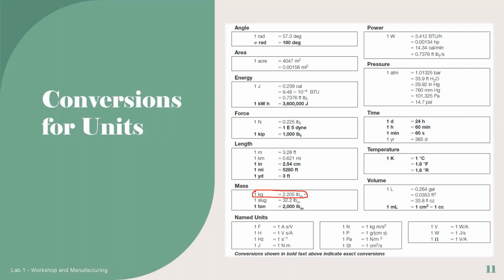So for example, 1 meter is 3.28 feet. Also, this table here, you can see it anytime, but you can just Google it too. It will do your work.